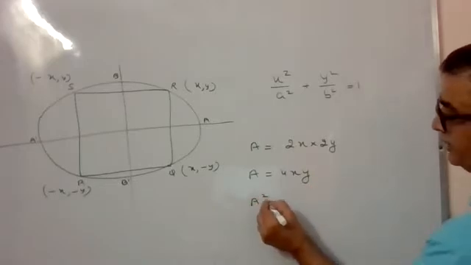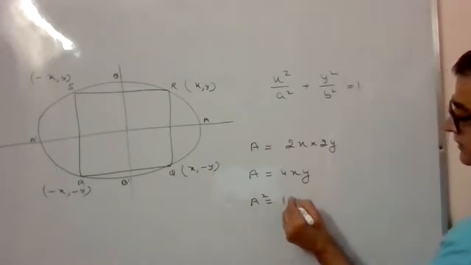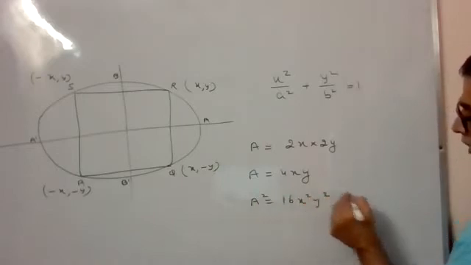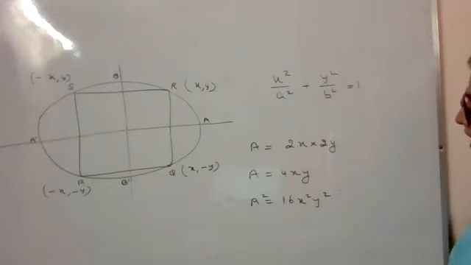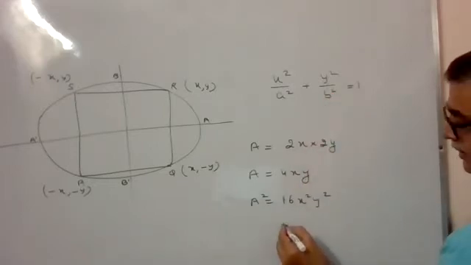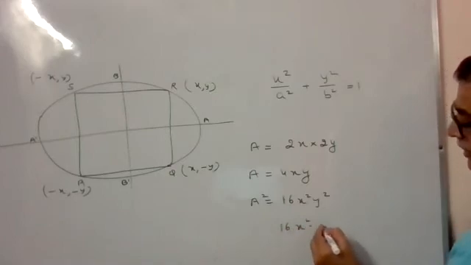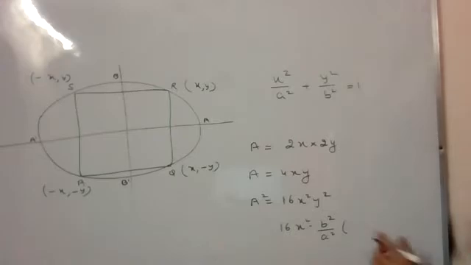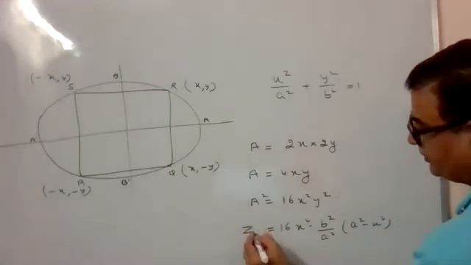So I write down area square is 16x square y square. And this y square I'll convert from here in x square. So I get 16x square into b square by a square into a square minus x square is the z.